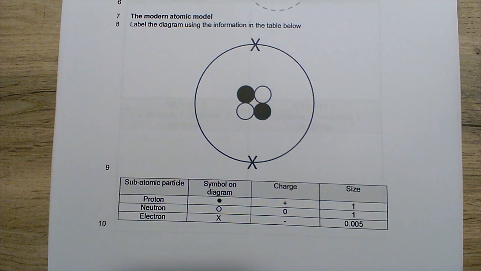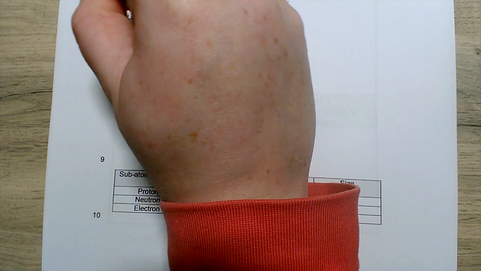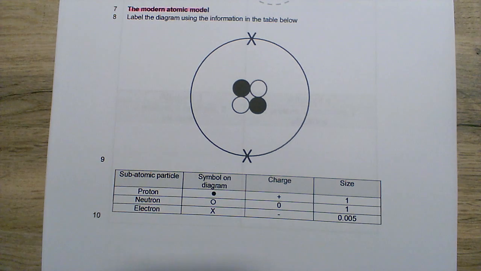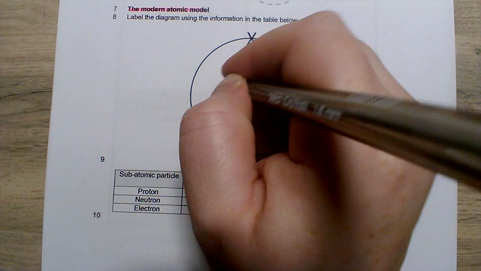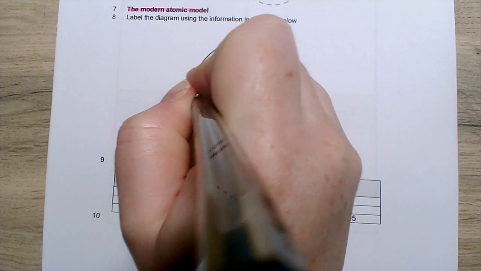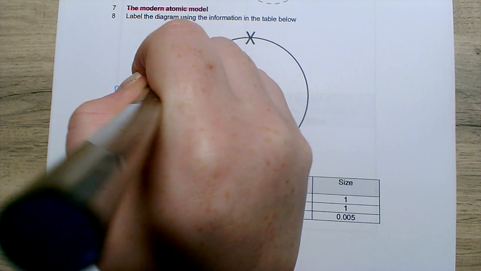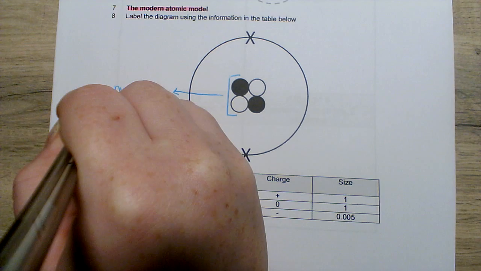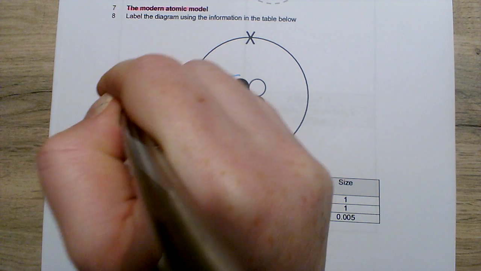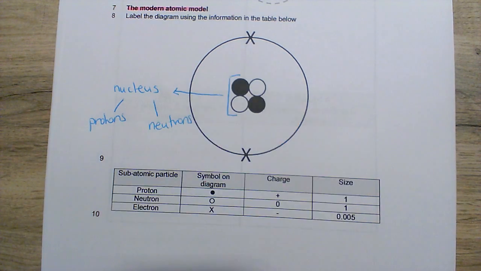Turning over to the next page then, this diagram here is the modern atomic model. Okay, and we're just going to label it now. This part here in the middle we label as our nucleus, and it contains protons and neutrons.